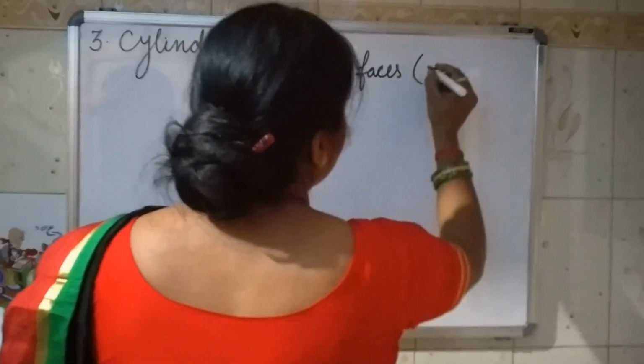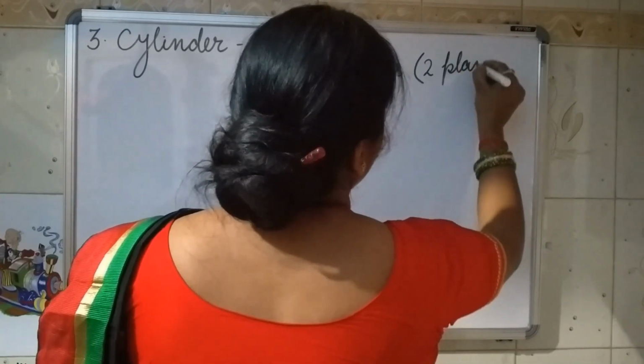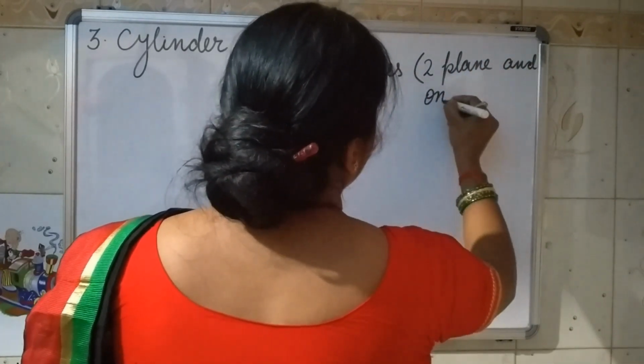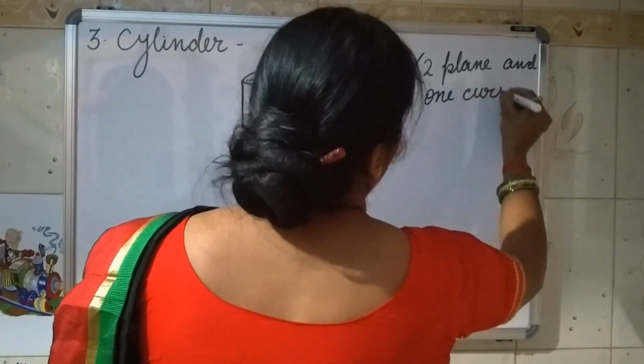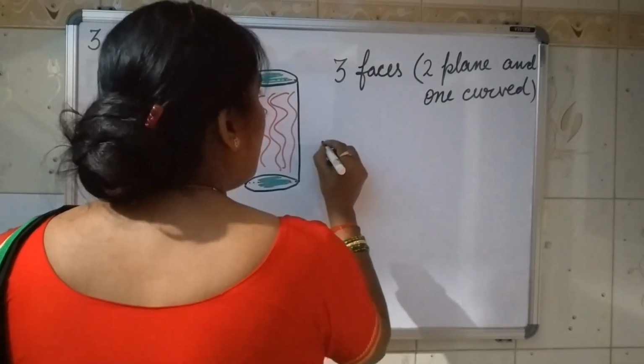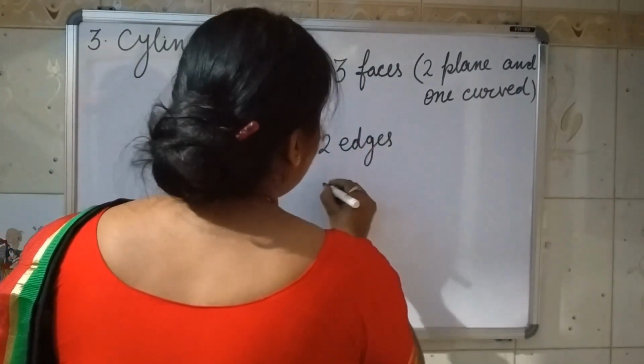In brackets you have to write 2 plane and 1 curved. Okay. Now 3 faces, 2 edges and no corner.